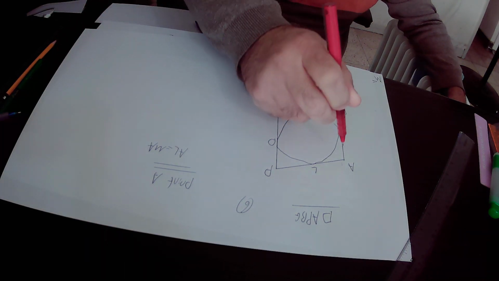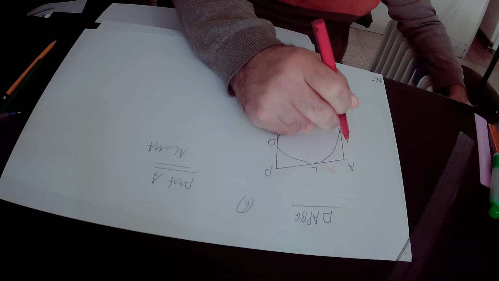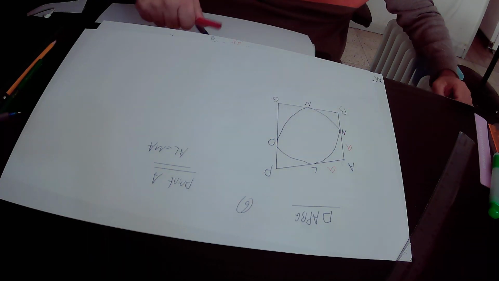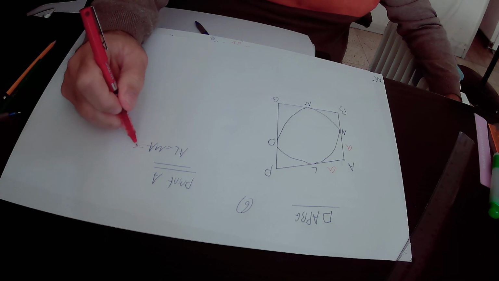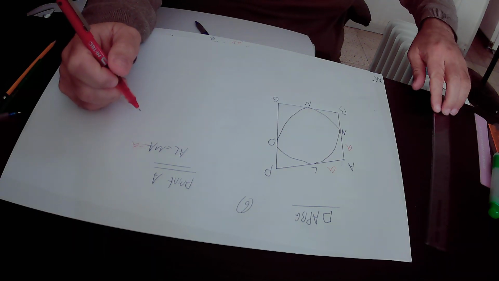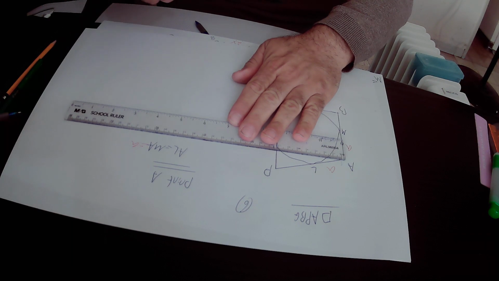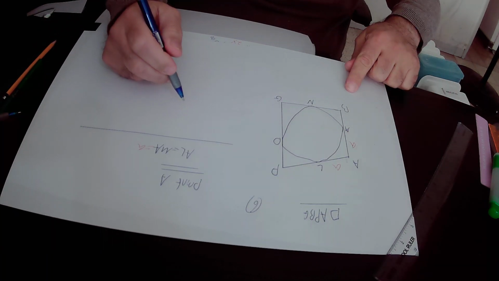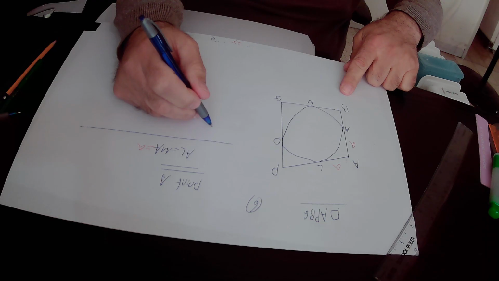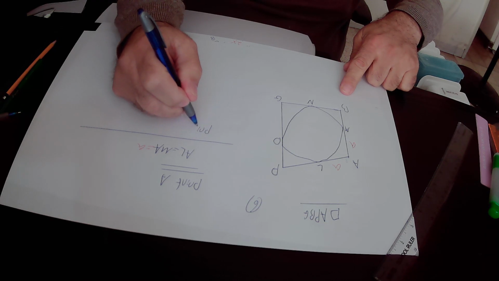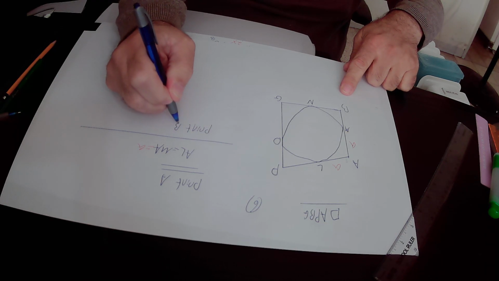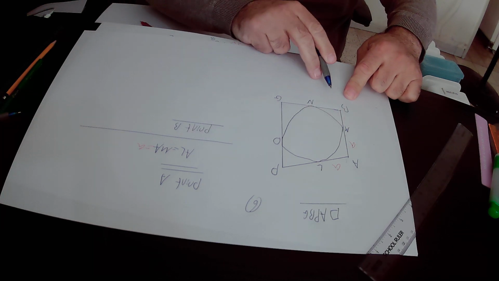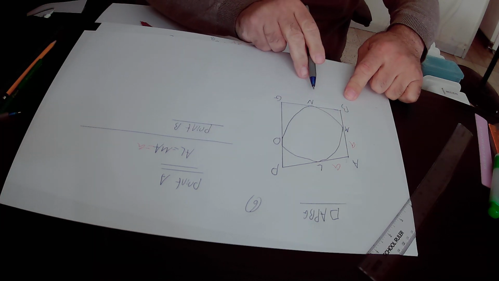So if AL equals A, then AM must also equal A. Likewise, we will relate to the common external point B. From the common external point B, we have two tangents to the circle, tangent BN and tangent BM.